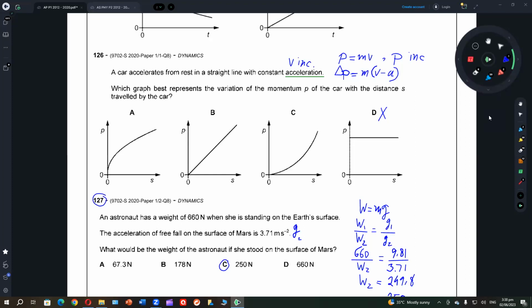Like 2as is equal to v square minus u square, if we can think on that. Or resultant force is equal to impulse upon time. Can we use s is equal to ut plus half at square?